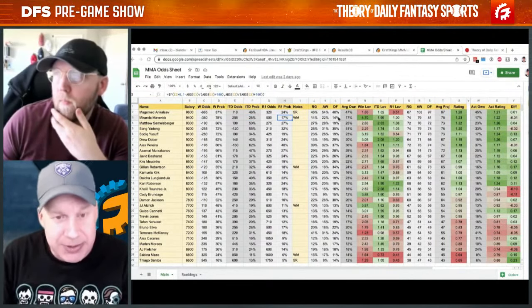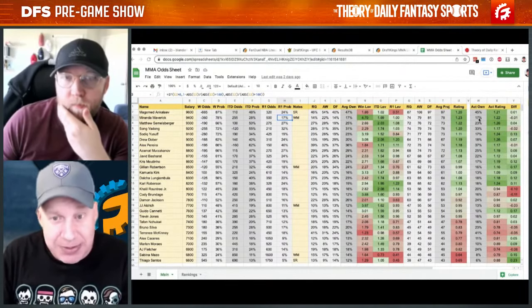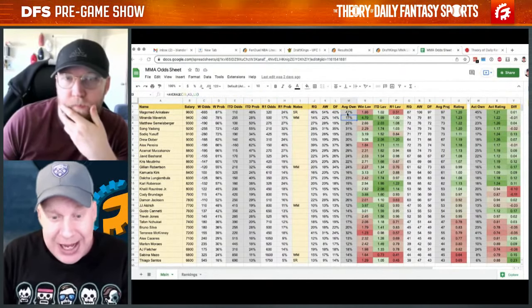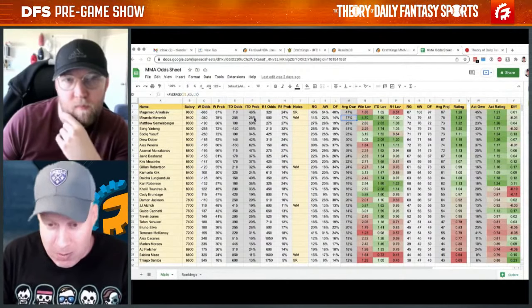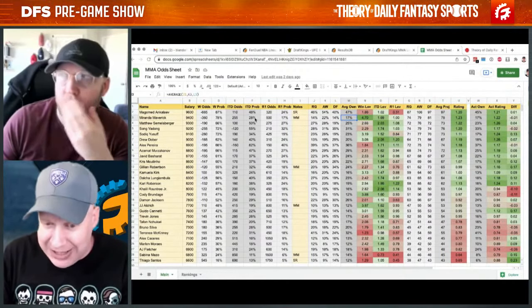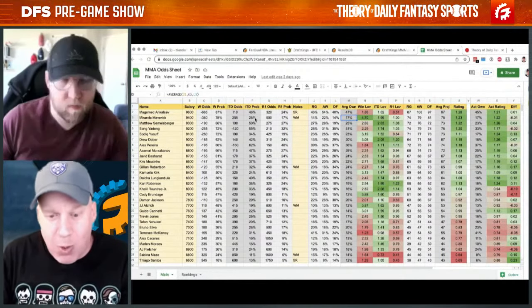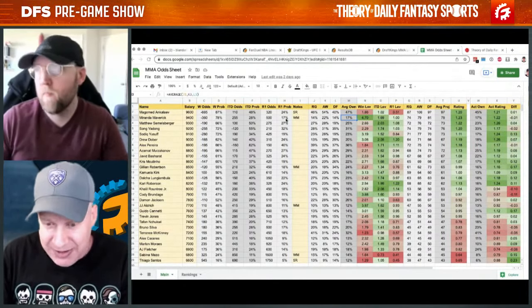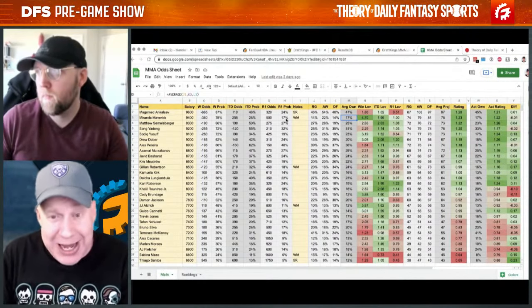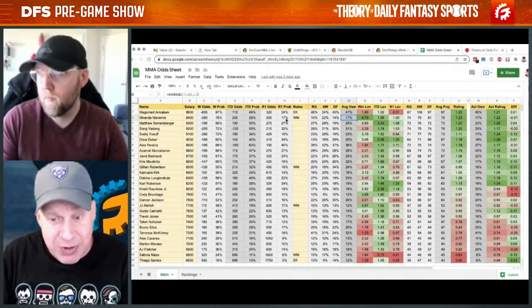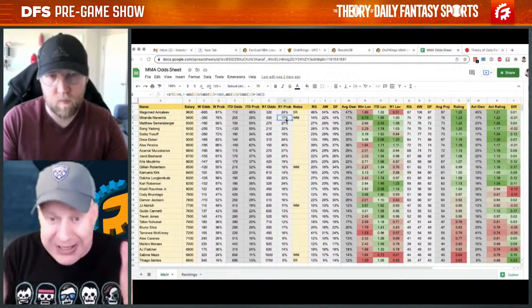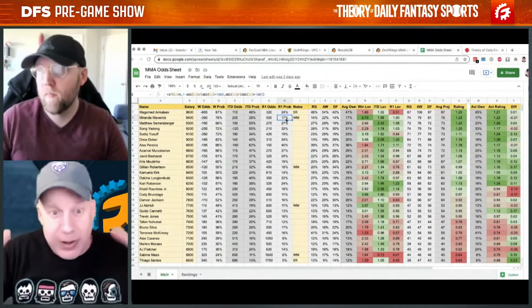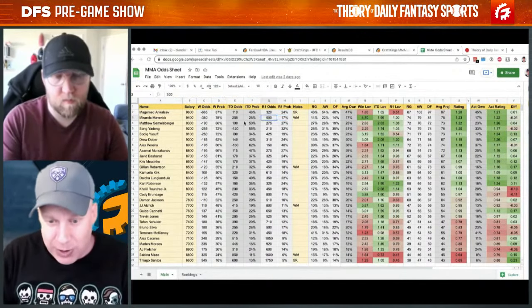I had her at 17% owned. She came in at 17% owned. So Ankalaev is not twice as likely, but probably 80% more likely to finish inside the distance. He is about 50% more likely to finish in the first round. Those are the 2 bare basic things that I use for the probability of a 100+ point score.